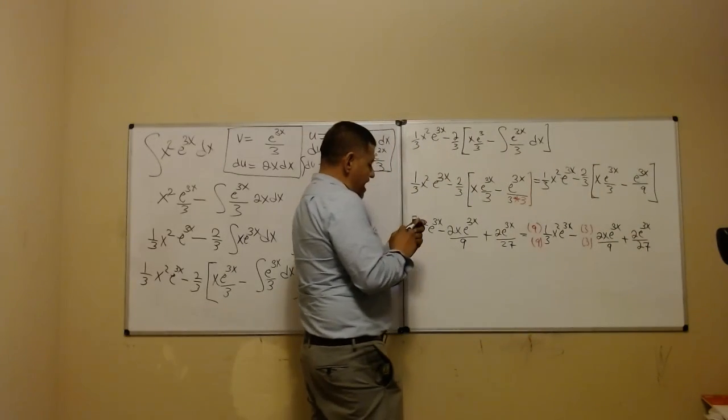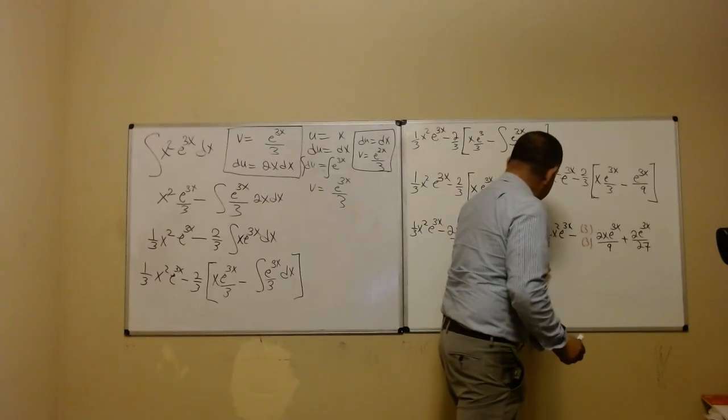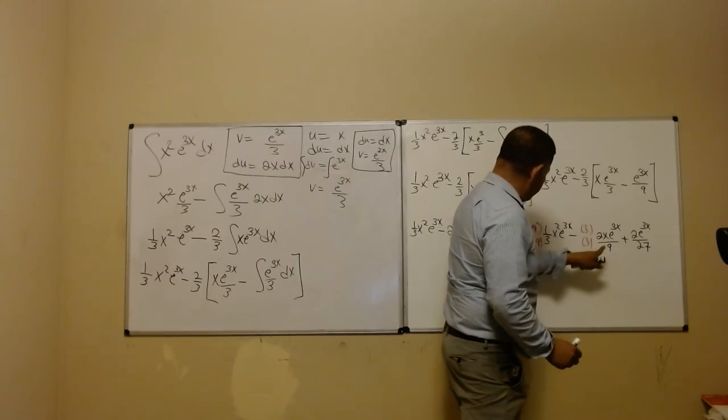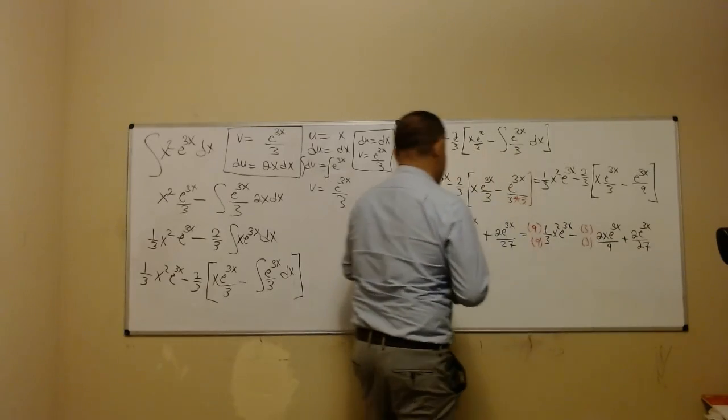Now when I do the math, what's going to happen is the following. So I multiply that, right? That is equal to 27, and that 27 is already there.